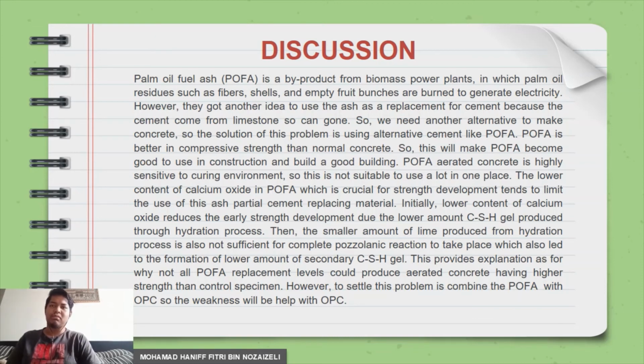This explains why not all POFA replacement levels could produce concrete having higher strength than the control specimen. However, to settle this problem, we combine POFA with OPC, so the strength will be gained with OPC.